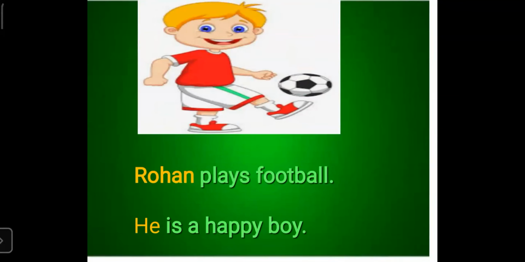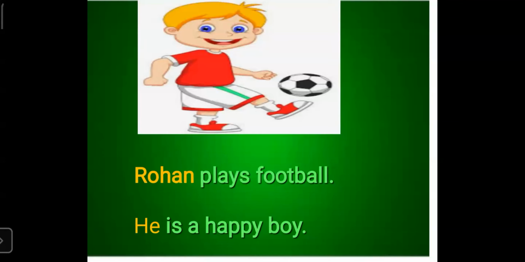So did you understand now, children? Subject pronouns are used in place of naming words. So instead of using the naming words again and again, we can use a subject pronoun. But in the first sentence, because we don't know the name of the person, place, animal, or thing, we have to use the name.